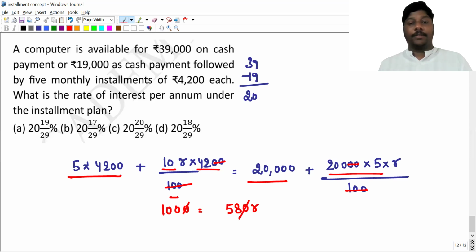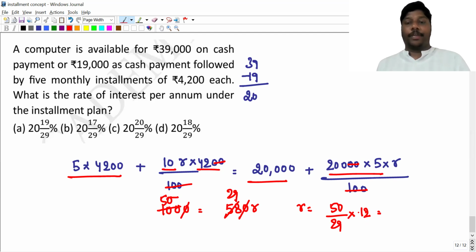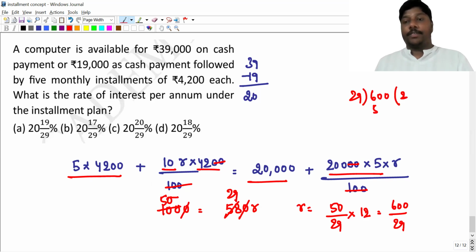You cancel the zeros. 29s are 250s. Therefore, you can say R is equal to 50 by 29. Into 12 you do it because I want it for month. Okay, month, year installment. This is for month. You need to find it for year. 12 into 5, 60. Therefore, take it as 600 by 29. So you divide 600 by 29. 2 29s are 58.